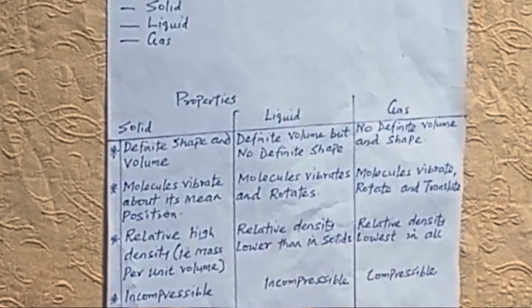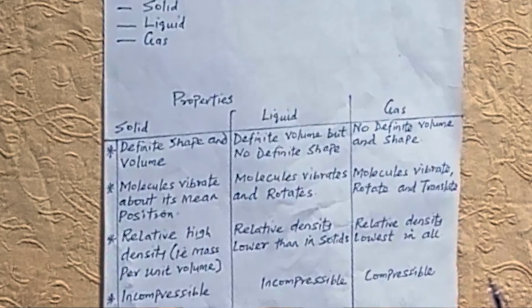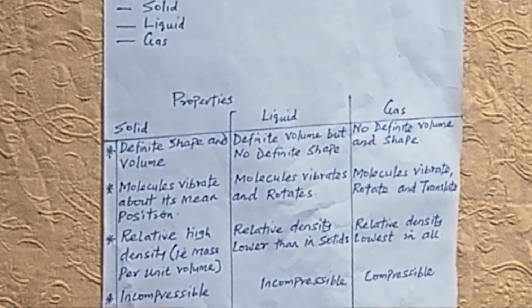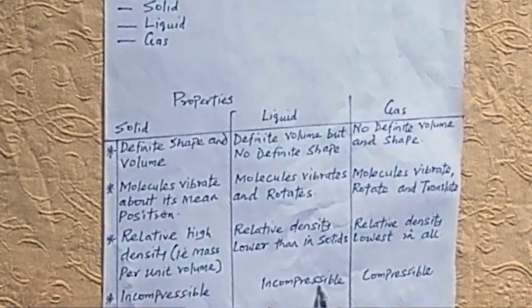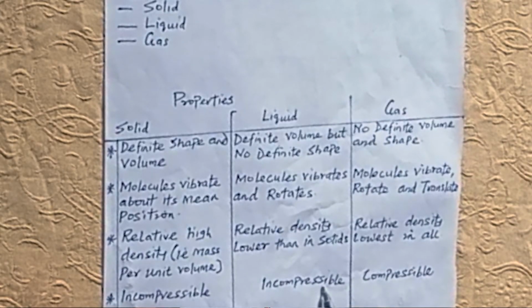The molecules of a liquid vibrate and at the same time rotate. So if you pour a liquid on the floor, it has a tendency to flow. It's one of the properties. Then we say the relative density of a liquid is lower when compared to that of a solid. And then we also say it is incompressible. Now take note, a solid and a liquid are incompressible.